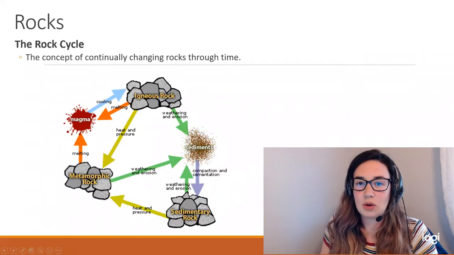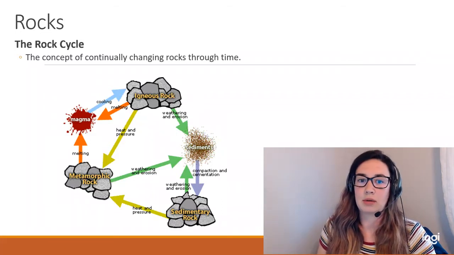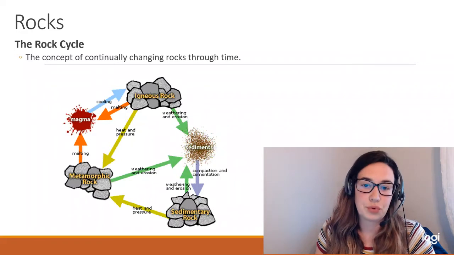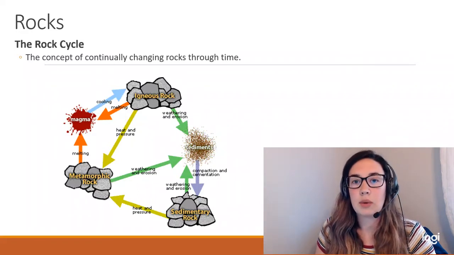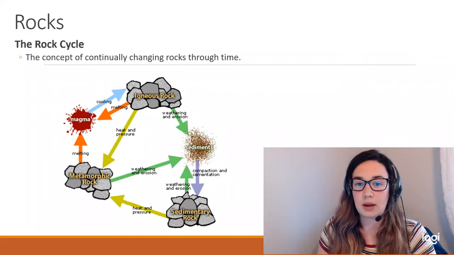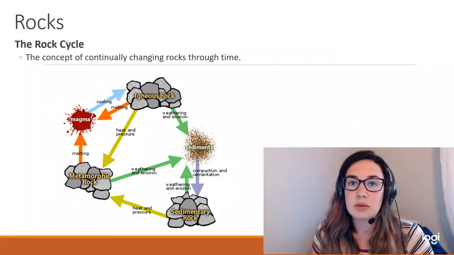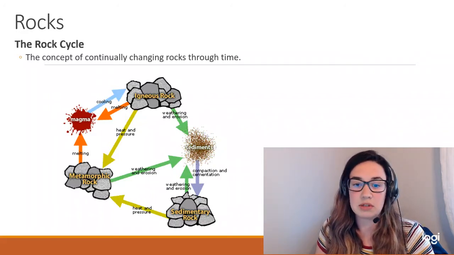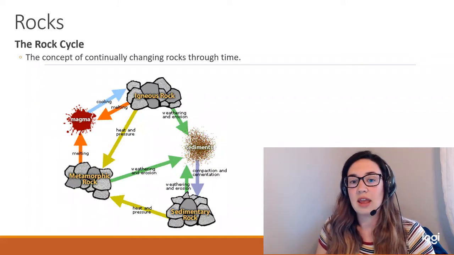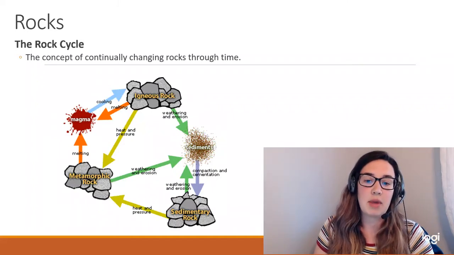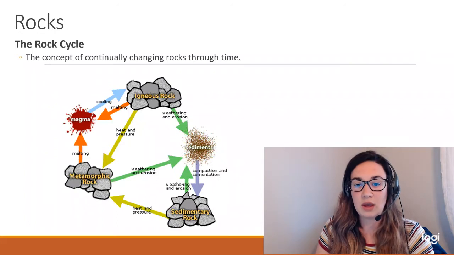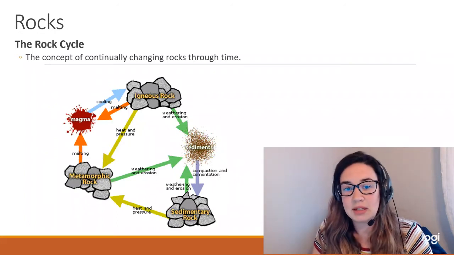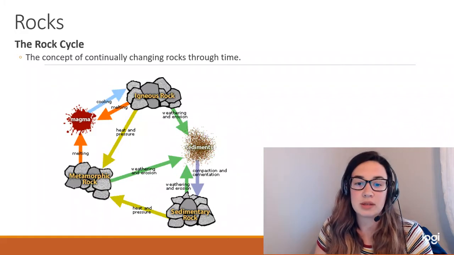All right, and so one of the really cool things about our rocks here is that rocks change through time. And this is what we would call our rock cycle. And so obviously we have our three different types of rock: igneous, metamorphic, and sedimentary rock. And they change over time and become one or the other, or transform over time depending on what sort of process is happening.